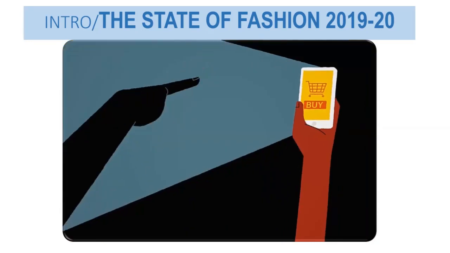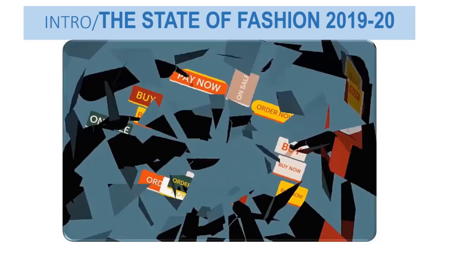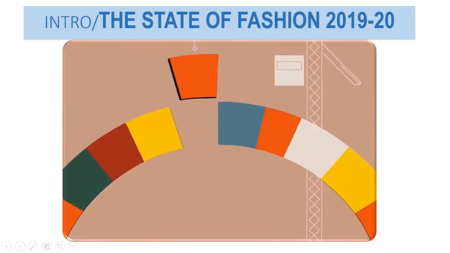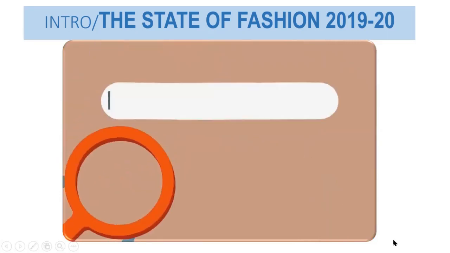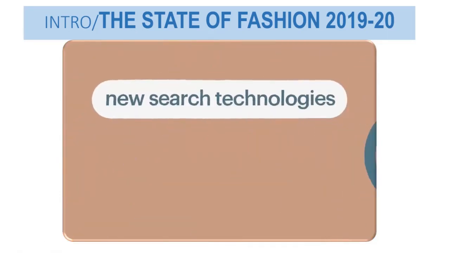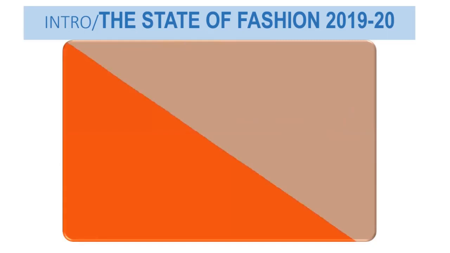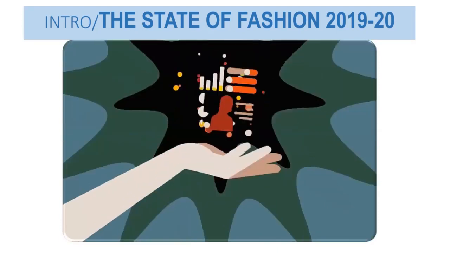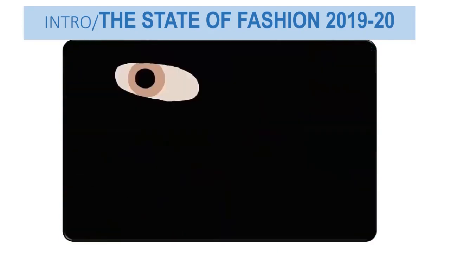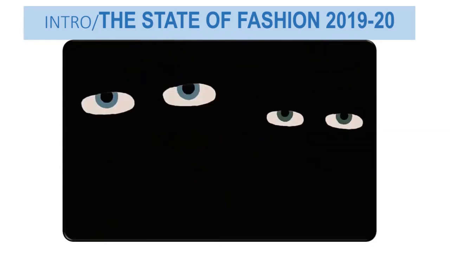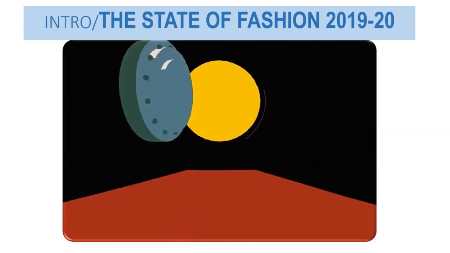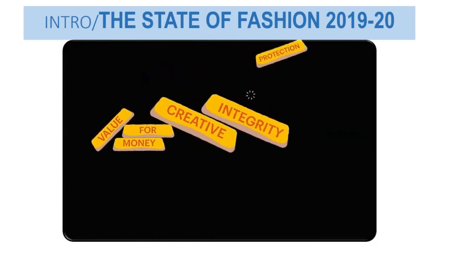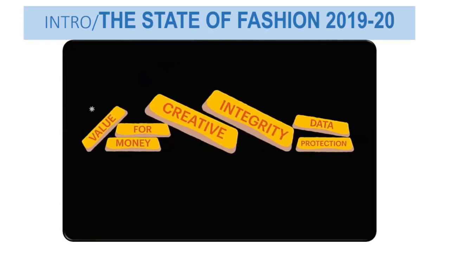On mobile, the gap between discovery and purchase has become a pain point for an increasingly impatient consumer. Fashion players will bridge this gap through shorter lead times, improved availability, and new search technologies. After having personal data owned and handled by businesses, a more distrusting consumer expects companies to reciprocate with heightened levels of transparency. Honesty and openness around value for money, creative integrity, and data protection will grow in importance.